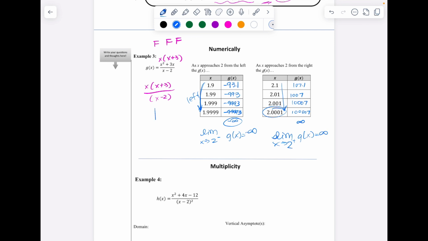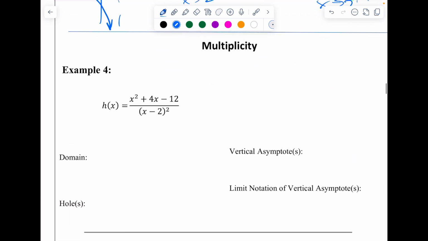If I wanted to show you what this looks like, it looks something like this, where 2 is that vertical asymptote. So we see from the left side, it's going to negative infinity, and from the right side, it's going to positive infinity.